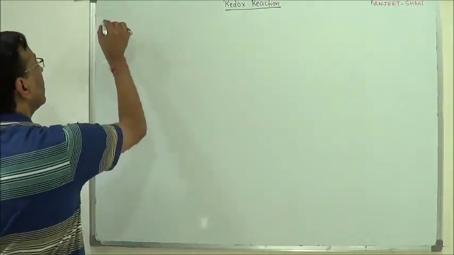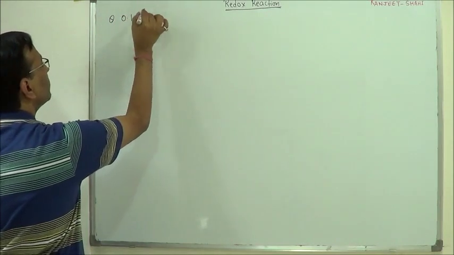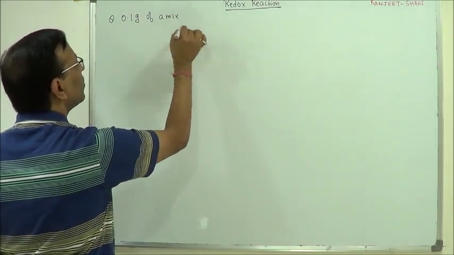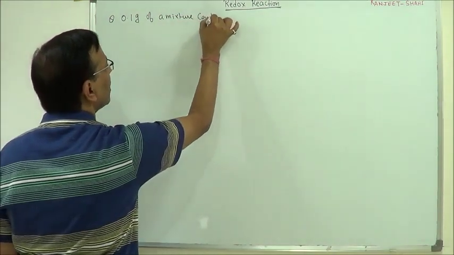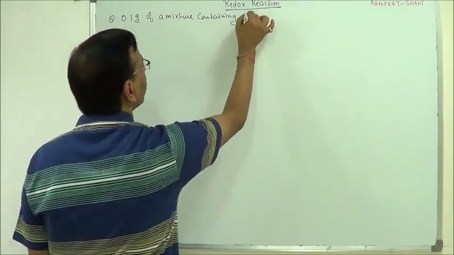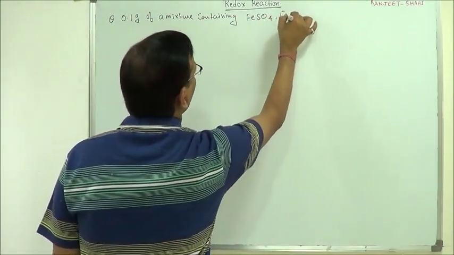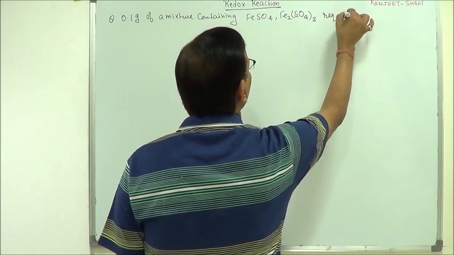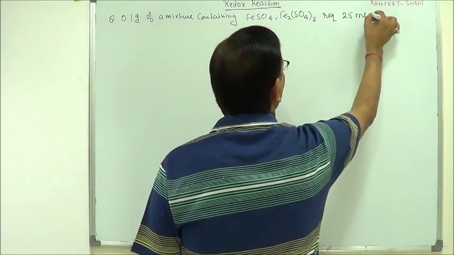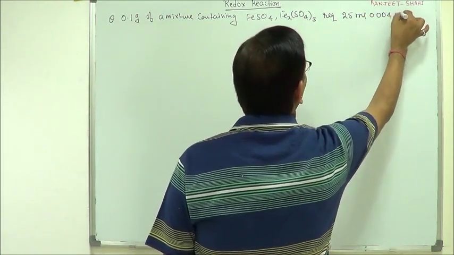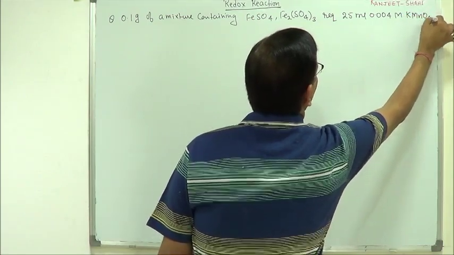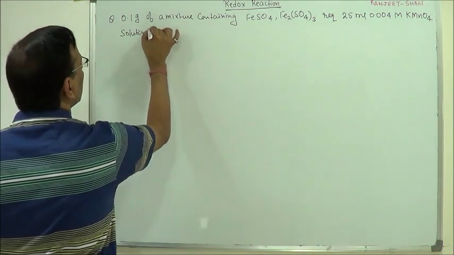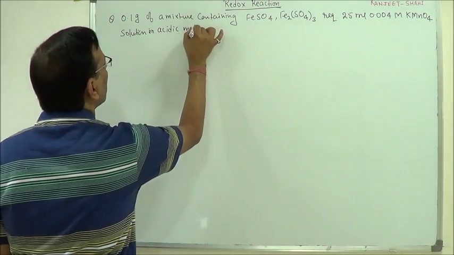Let us say 0.1 gram of a mixture containing ferrous sulfate and ferric sulfate requires 25 ml of a 0.004 molar KMnO4 solution in acidic medium.